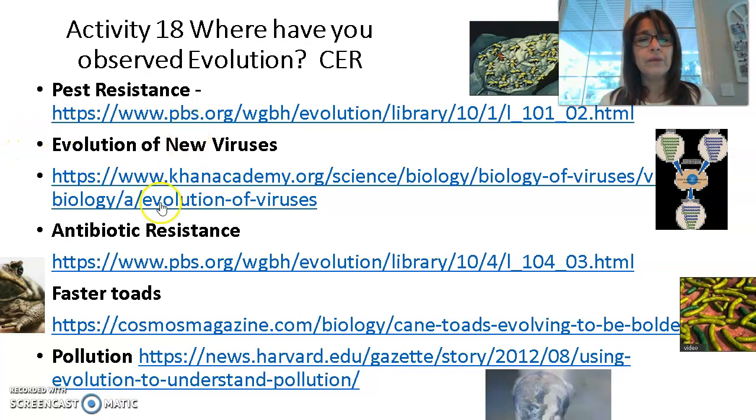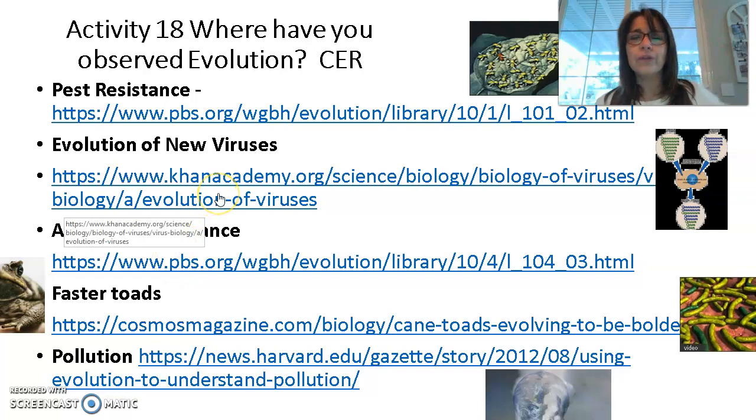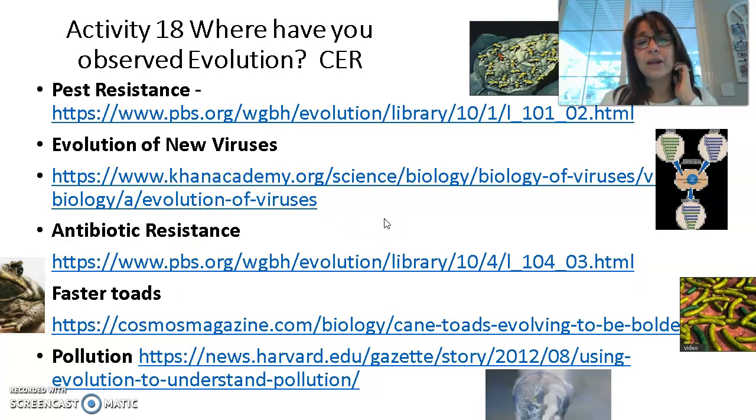Some of you guys I know like to see all that. There's pest resistance, evolution of new viruses. It's the same one as before, if you looked at the one from before. Okay. Then antibiotic resistance, like why sometimes antibiotics stop working, faster toads, and then pollution.